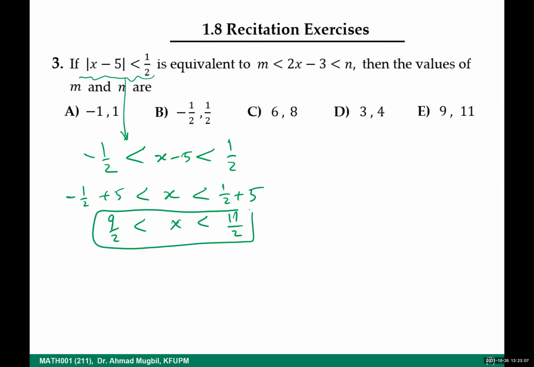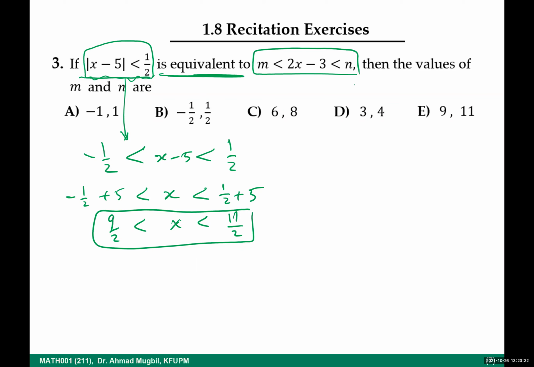He said that this inequality is equivalent to this inequality. So what do we have when we have equivalent inequalities? We can go from one to another by adding, multiplying, dividing. They have the same solution set because they are equivalent. So what can we do here?